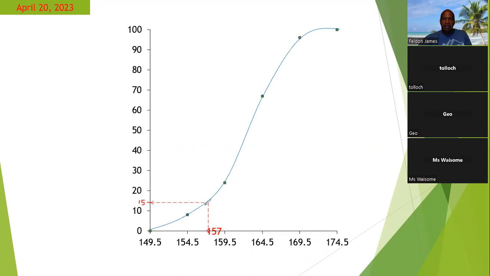And if you construct a dotted line to meet up here and go across, you see that it would fall less than 15, which is approximately 14. All right, so the answer to that question, the number of men with a height less than 157, would be approximately 14.